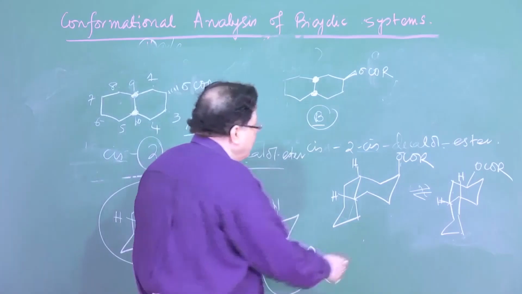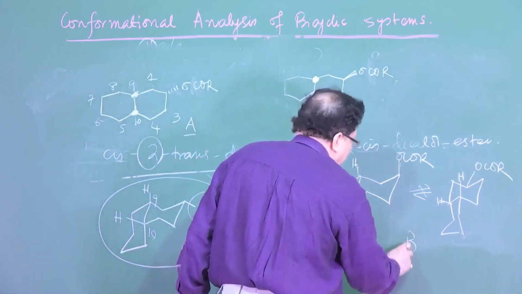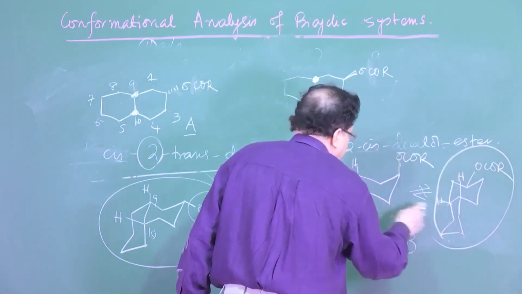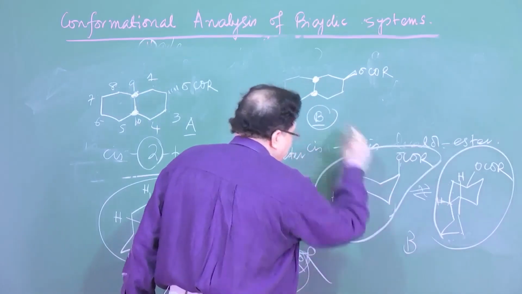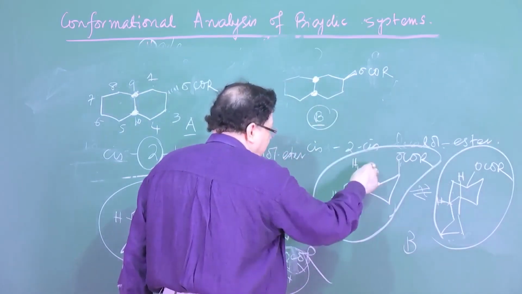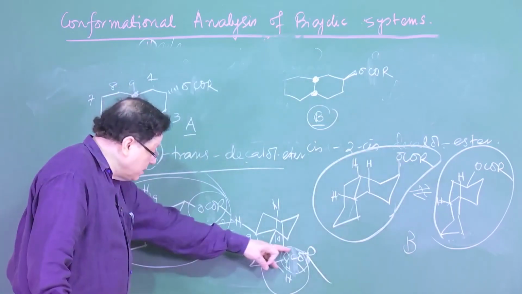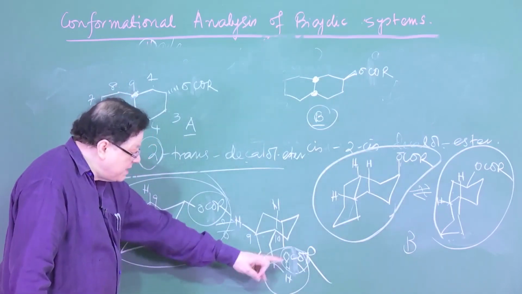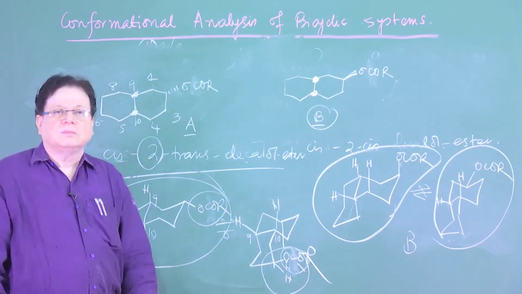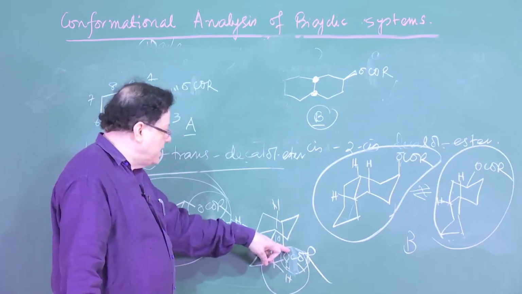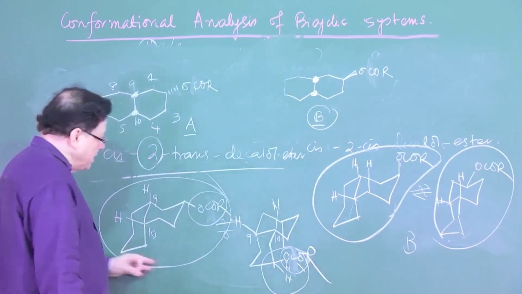On the other hand, for the molecule B, it is not the case, because it is not suffering terribly from the 1,3 diaxial interaction, unlike what was present in this case. Okay. So, in this case lot of steric interaction makes this the more populated one.